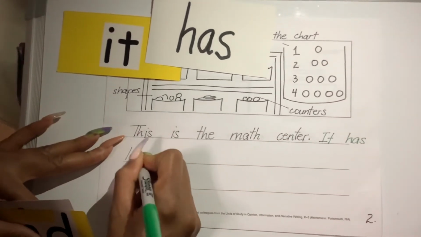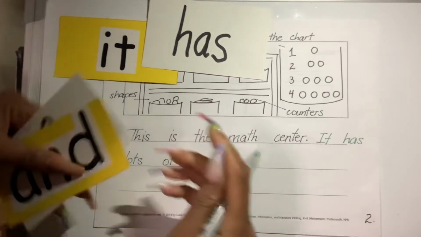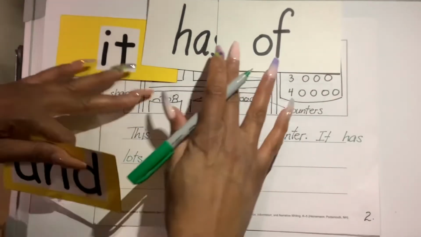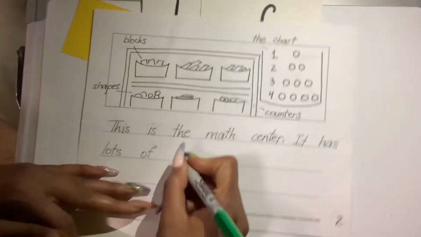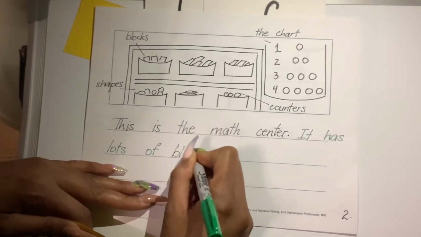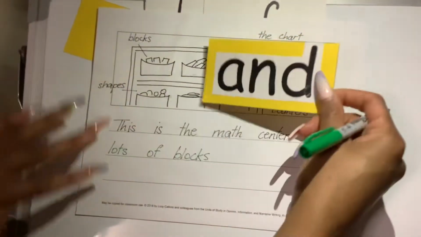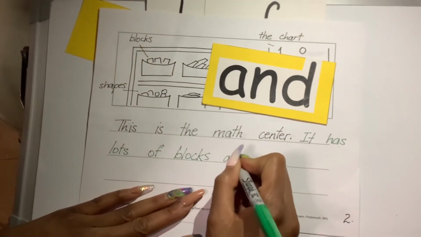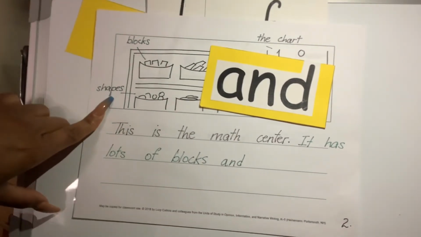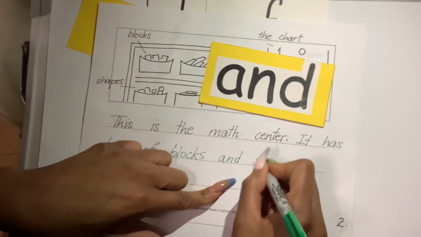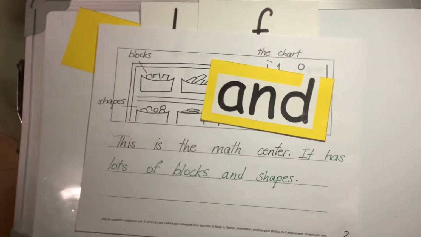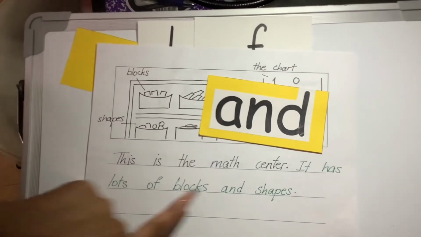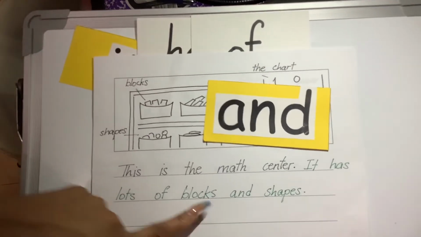Lots of, remember the sight word of, and what did I label? Blocks. I labeled blocks. So I'm going to write blocks. And shapes. Period. So boys and girls, I added another sentence to this page. Okay.